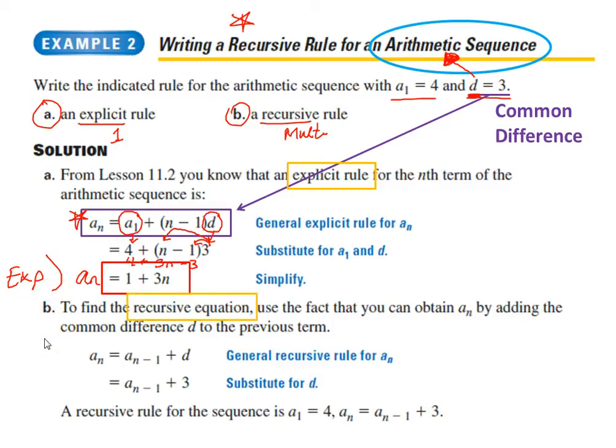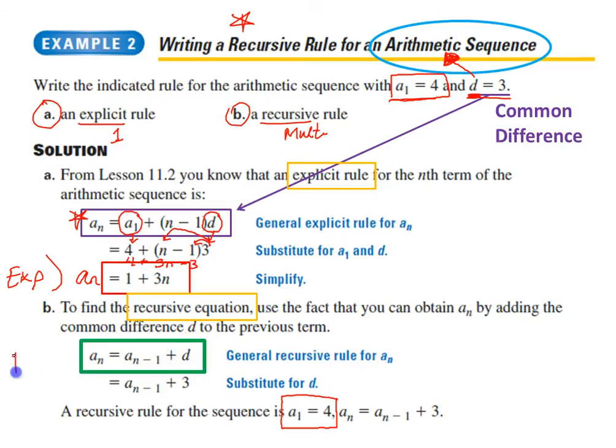Now, they want us to also find recursive. So recursive, there's more than one term. Start off your recursive by defining your first term. And they gave us our first term, a sub 1 right here. A sub 1 is 4. So start off always by defining at least that first term. Then the rest of it's going to come from this equation, a sub n minus 1 plus d.